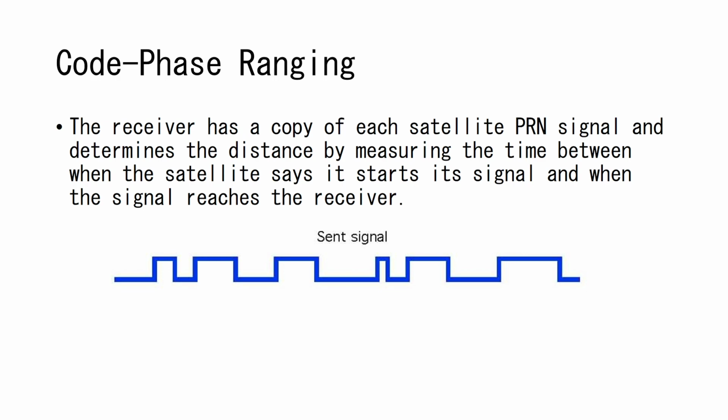And so your receiver knows that whenever it sees a signal, like for example here at the bottom of the page in blue, if that's the sent signal, it receives that signal, it knows exactly that that's from satellite number 3, for example. And so it's going to have internally its own database of what every single PRN code should look like for a particular satellite number 1 through 27.